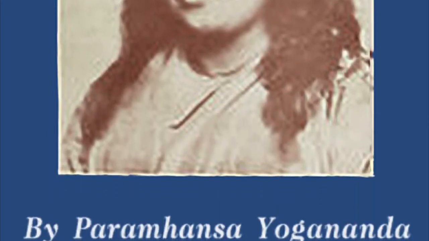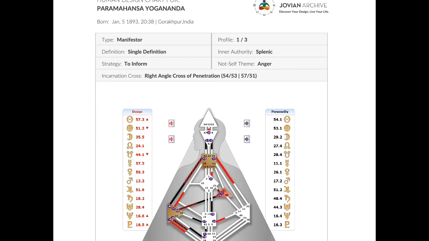So a lot of people, I think even the Beatles, had some interaction with his teachings, if not him in person. But he had a big presence when he lived, and I mean, he's been dead for quite a few years. He was born back in 1893 in India. So let's go through his chart and see if it lines up with the life he lived.